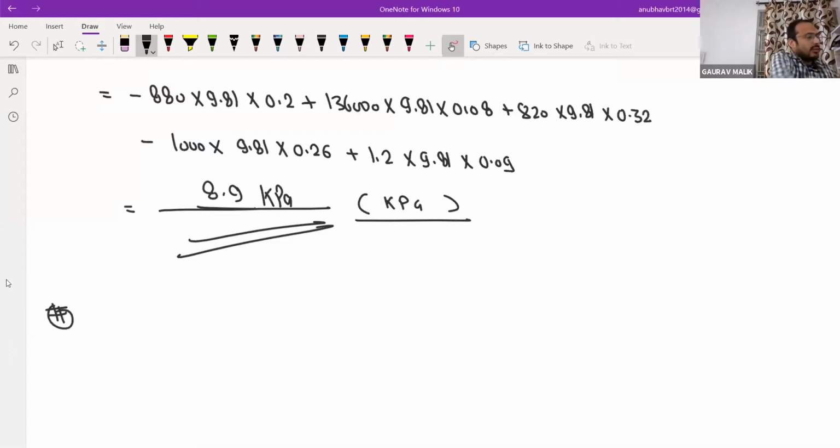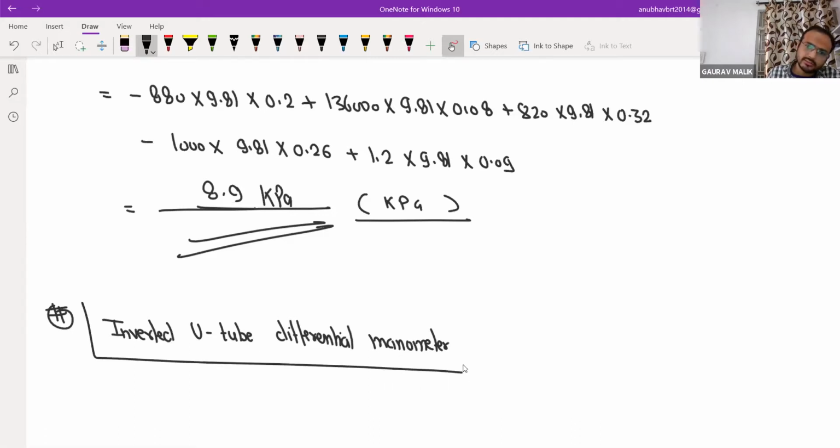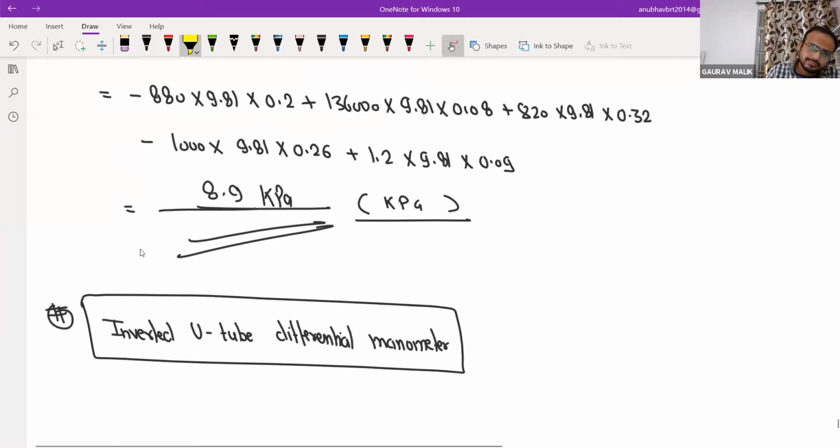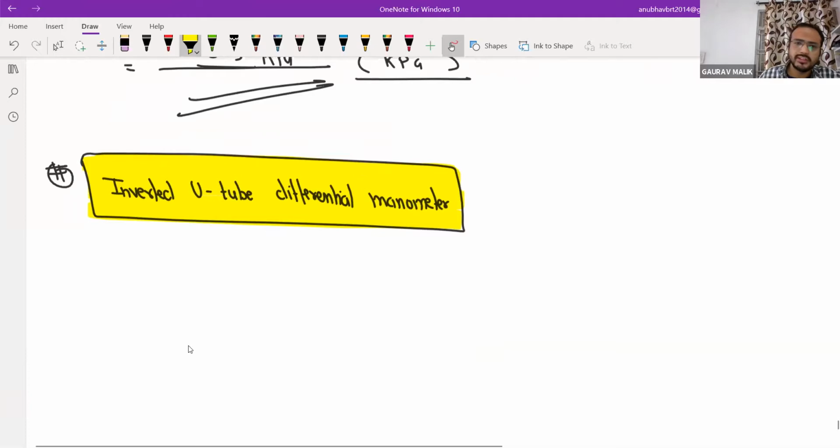Inverted U-tube differential manometer. Inverted U-tube differential manometer.